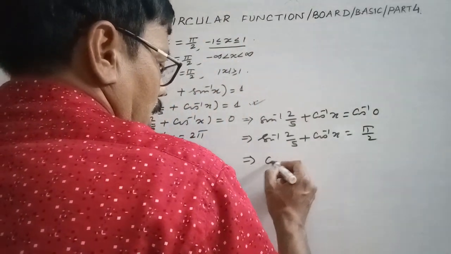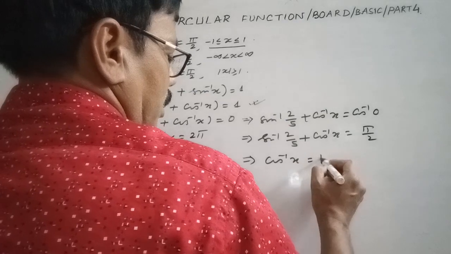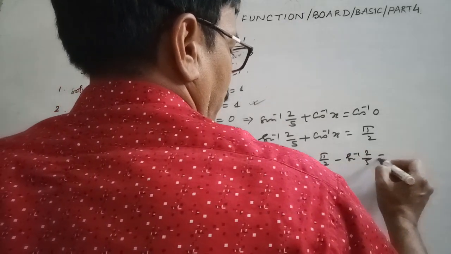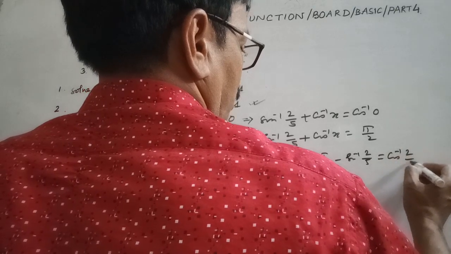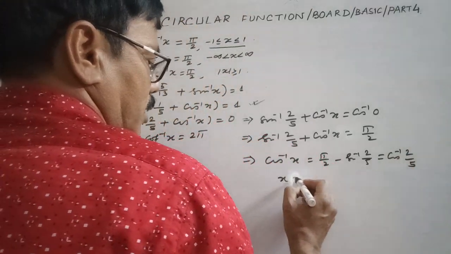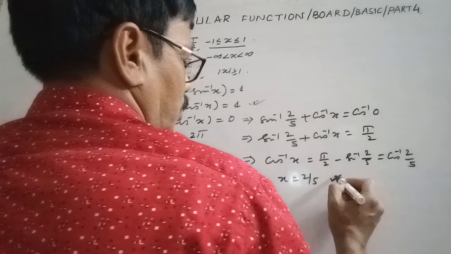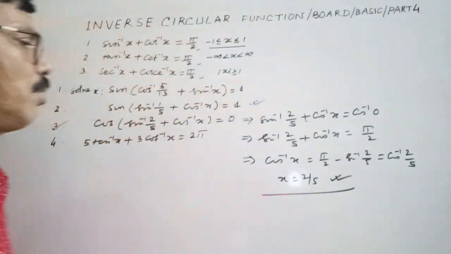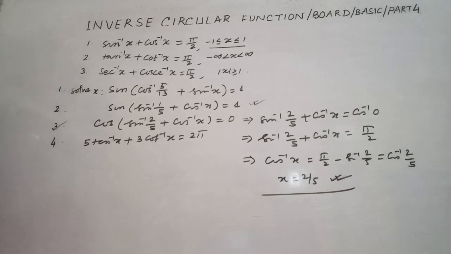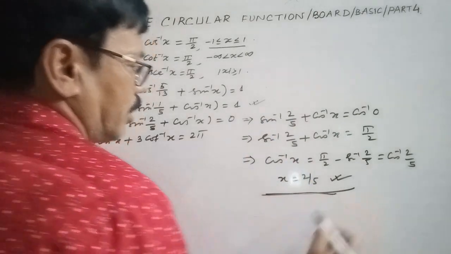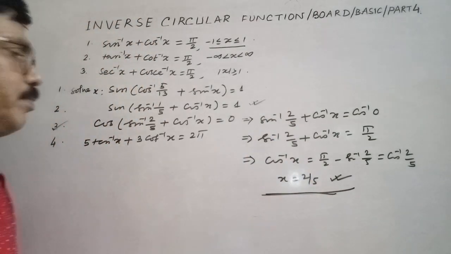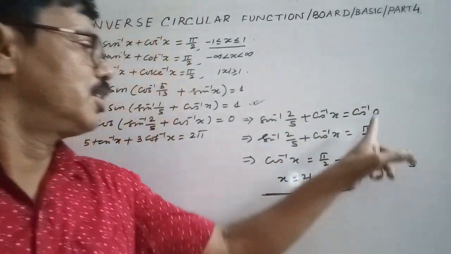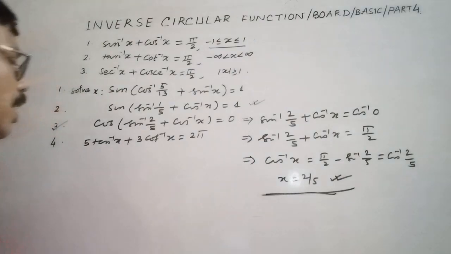Now the unknown is x, so cos inverse x equals pi by 2 minus sin inverse 2 by 5, which equals cos inverse 2 by 5. So x equals 2 by 5. So transfer cos to the right hand side, take the principal value of cos inverse 0 and solve.